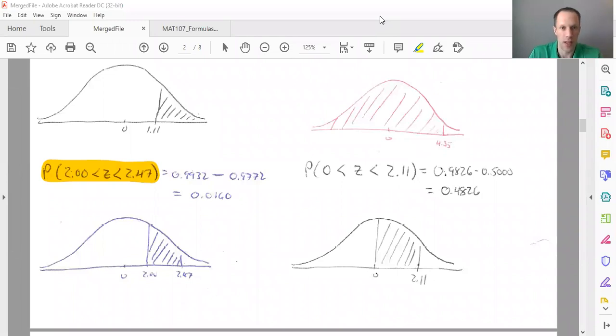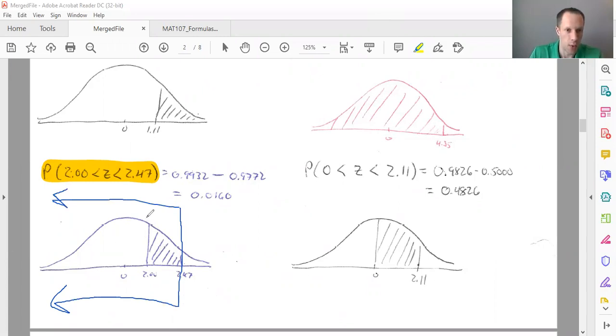We always look up the number that's on the right side of the shaded region first. We're going to figure out how much area we've got to the left of that. So that would give us all of the area to the left of that z-score. Some of that area is shaded, some is not. So then we'll look up the 2.00, and that's going to tell us how much area is to the left of it, which is all the unshaded part. So we'll take that away from the first value that we looked up.